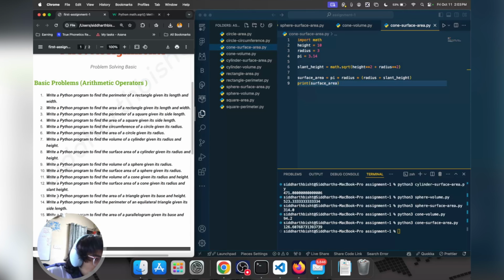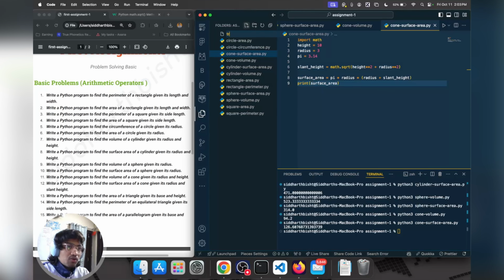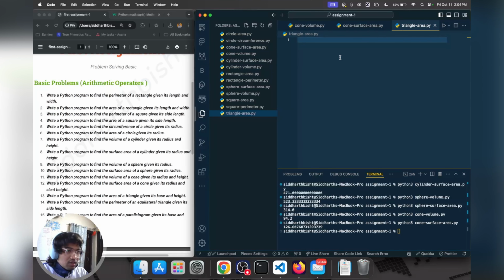Let's solve the other one. Write a Python program to find the area of a triangle given its base and height, the 13th one. So now area of a triangle. Okay, so triangle area dot py, we are given what? Base and height.